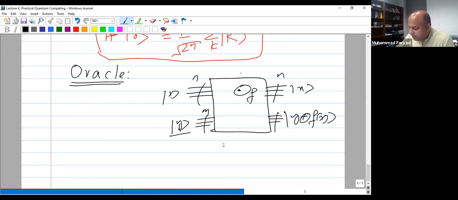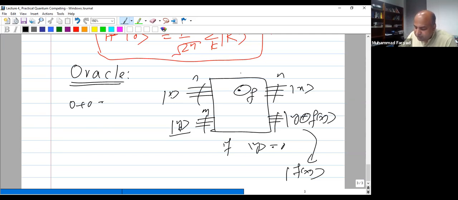So if you tie these inputs to 0 0 0, which means that y is 0, then this output state is nothing but f of x, because when I add 0 to any bit modulo 2, for example, 0 plus 0 is 0, and 0 plus 1 modulo 2 is 1.